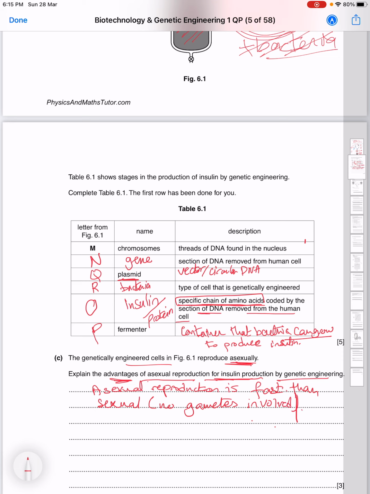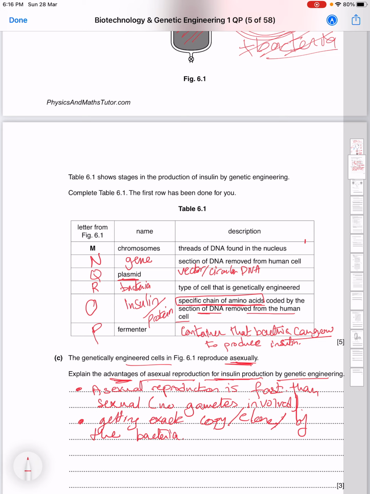The second advantage is that in asexual reproduction you're getting an exact copy, a clone of the bacteria you are using. Why is this important? Because I'm going to get a lot of bacteria that have this recombinant DNA inside, which carries the gene of insulin.